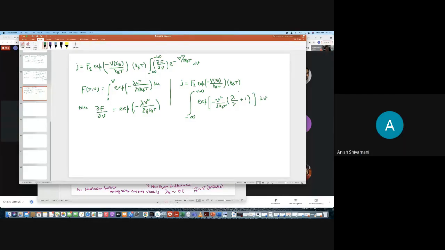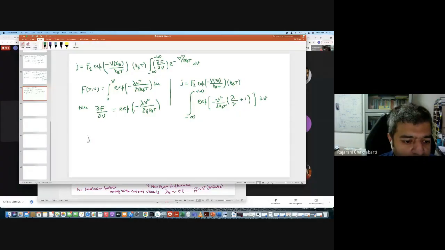Yes. And then if you do the integrals, let me do it here. If you do this integral, obviously what are you going to get?